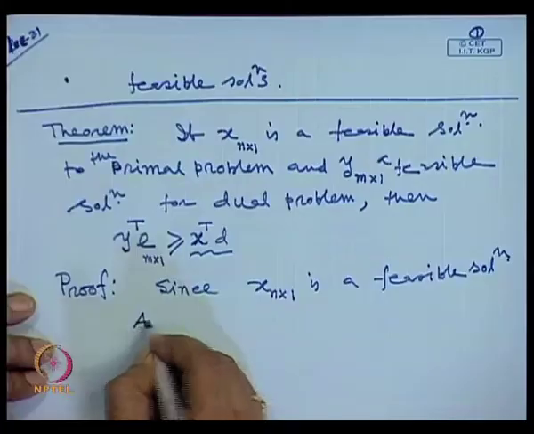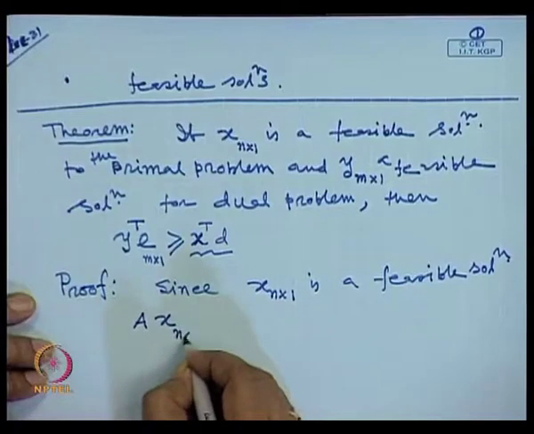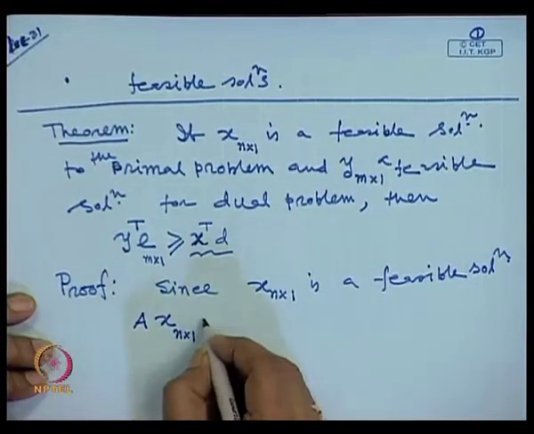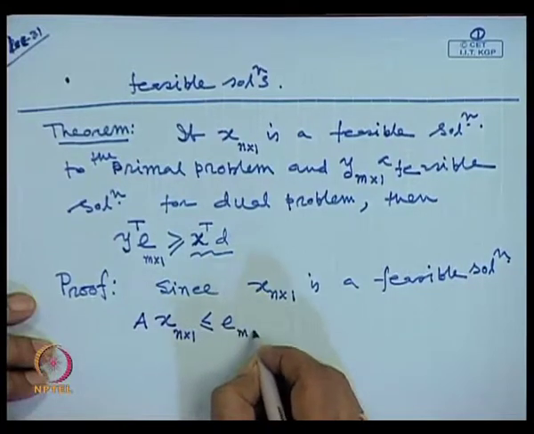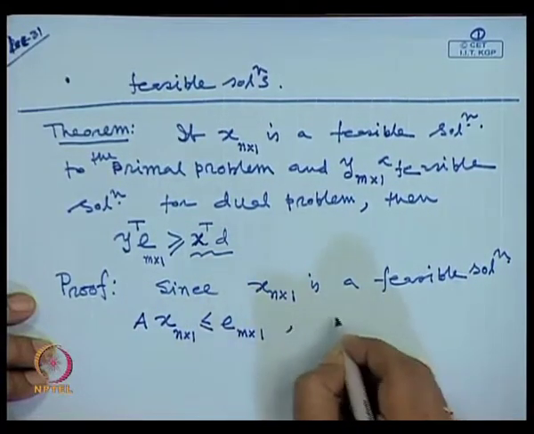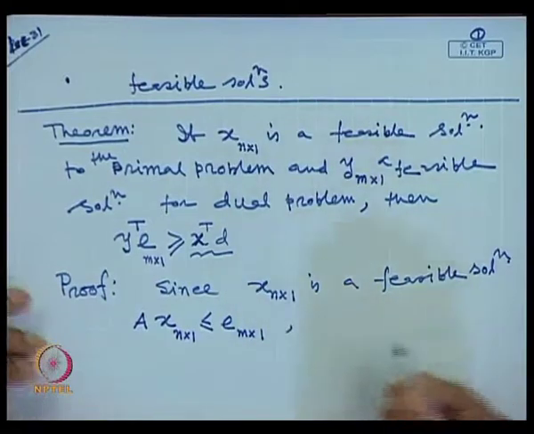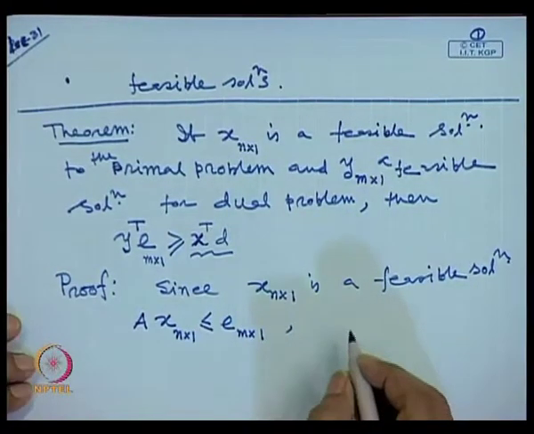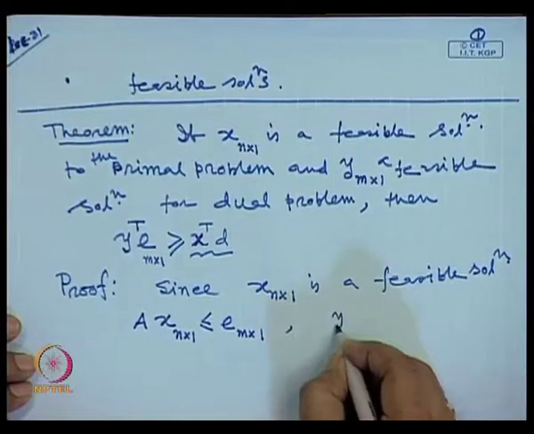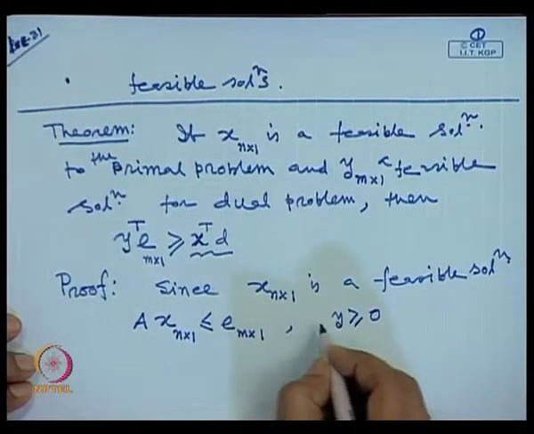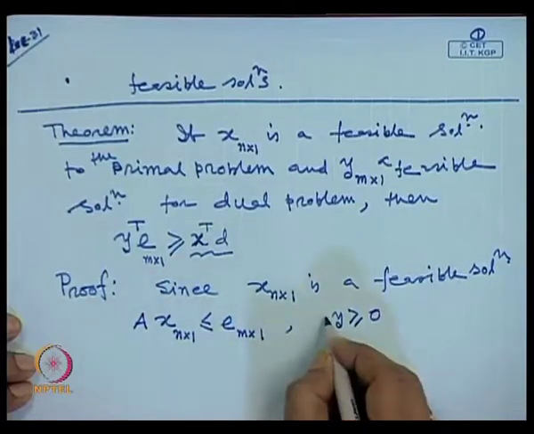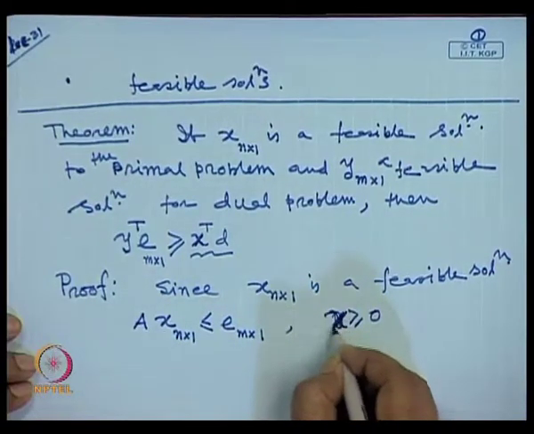That means A x, where x has dimension n cross 1, is less than or equal to E, and E has dimension m cross 1. And what is the variable in the dual problem? Y, and y is greater than or equal to 0, and also x is greater than or equal to 0 for this one.